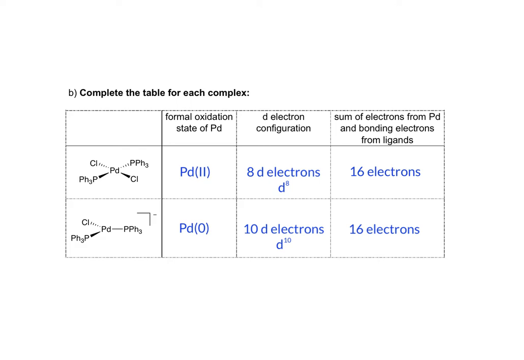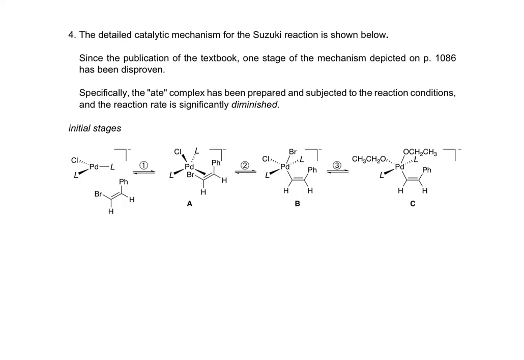We'll now turn to the next page of the worksheet, which shows the first few steps of the catalytic mechanism. The mechanism that is shown in the textbook was long accepted and only recently has been disproven. So the current accepted mechanism is shown here.